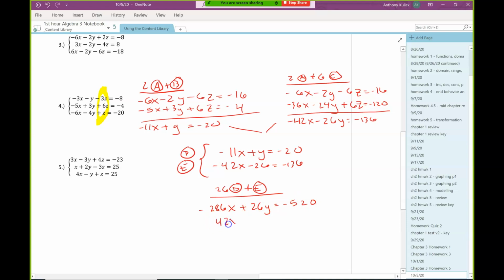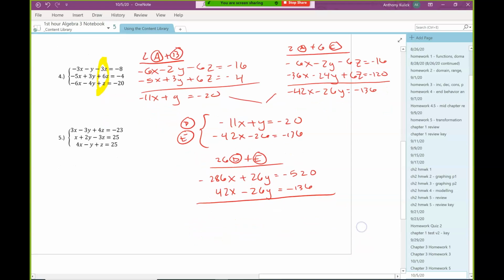I have 42x minus 26y equals negative 136. So if I add those together, that's negative 244x equals negative 656. Did I do that right?